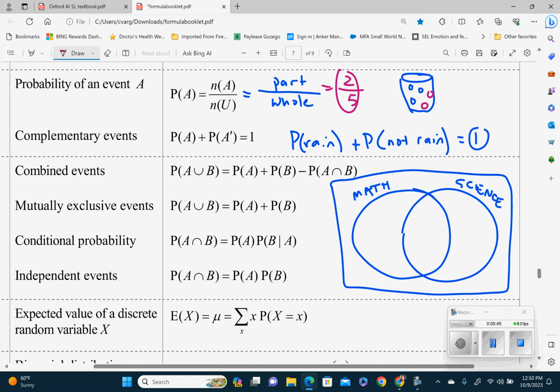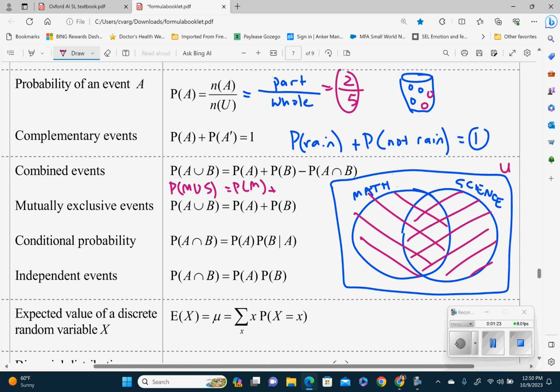Combined events. So I'm going to do this one first. Let's just say you have two scenarios. You have students who are taking math, students who are taking science, students who are taking both in the middle, and then the total is our universal set, right? Altogether, how many students there are. So if we wanted to figure this out, the probability of A or B, so the probability of math or science, is going to equal the probability of math, plus the total number of people who are taking science altogether, and we're going to subtract from it.